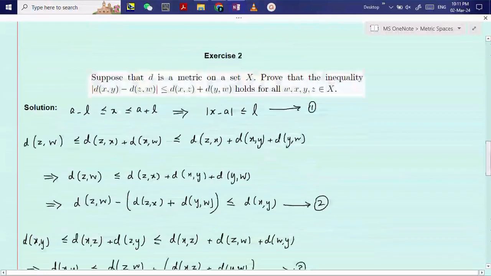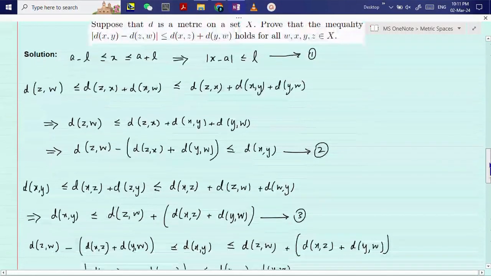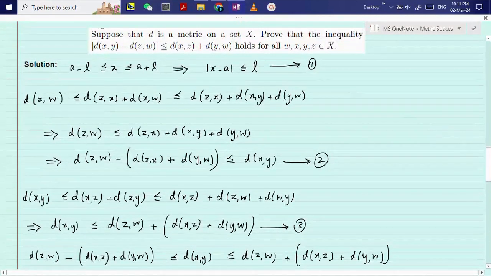You can see here |d(x,y) - d(z,w)| is less than or equal to d(x,z) + d(y,w).